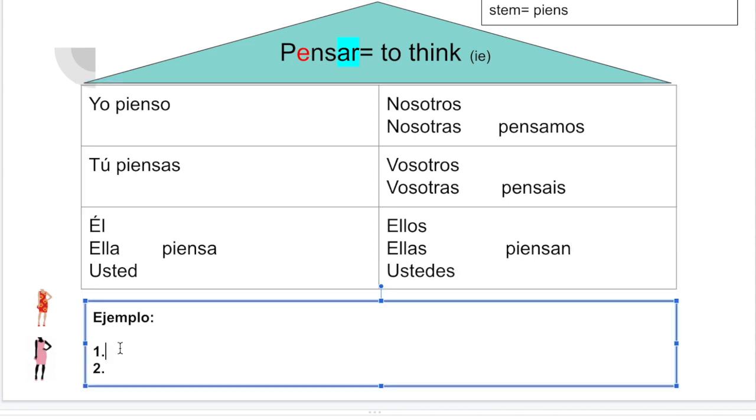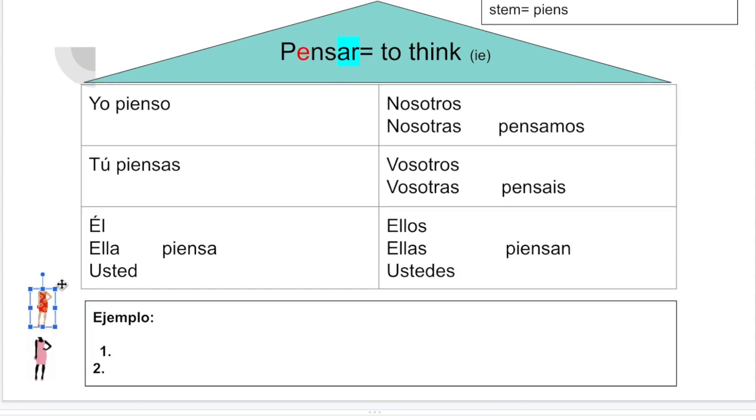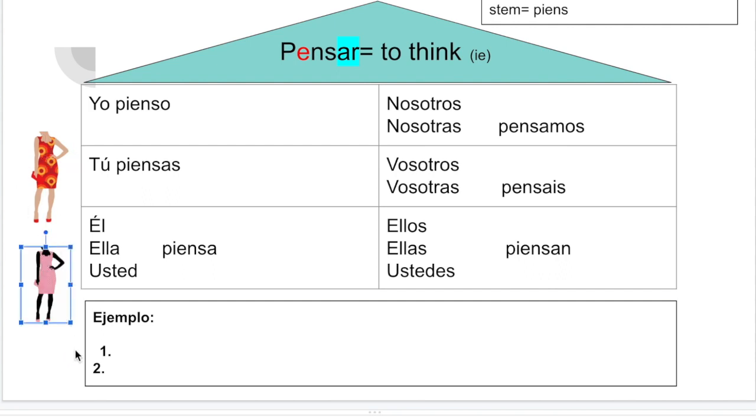Let's start with the ejemplo. So we have two ropas, vestidos here. We have two types of clothes, vestidos, dresses here. So I'm going to make sentences using this.